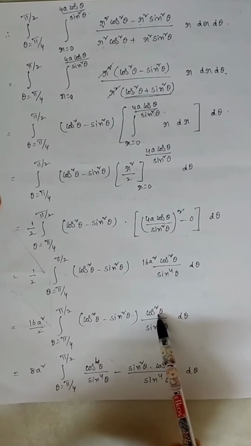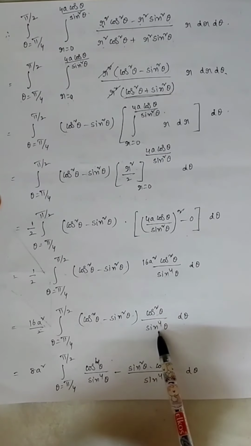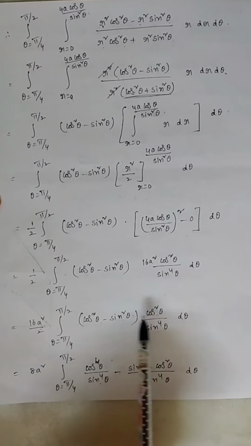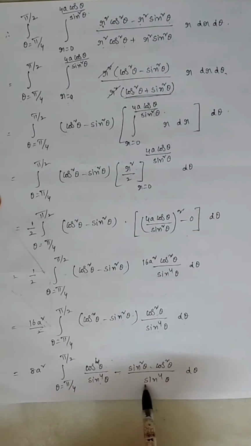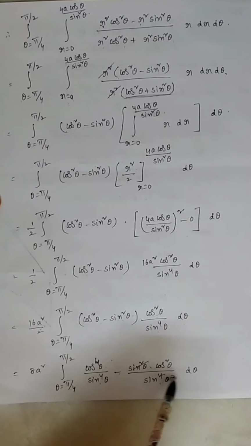square theta into cos square theta by sin to the power of 4 theta d theta, multiplying to each term. So cos square theta into cos square theta by sin to the power of 4 theta means cos to the power of 4 theta by sin to the power of 4 theta, minus sin square theta into cos square theta by sin to the power of 4 theta. So the sin square gets cancelled.